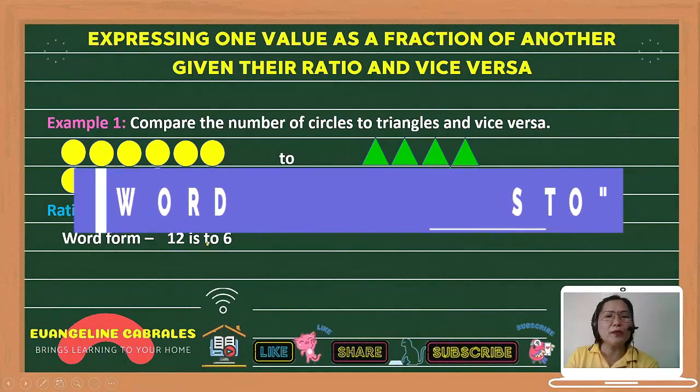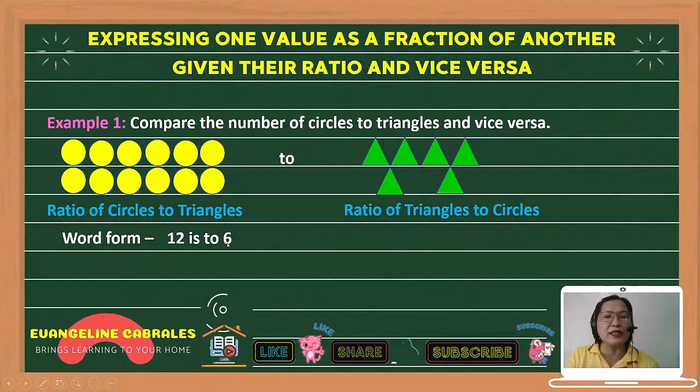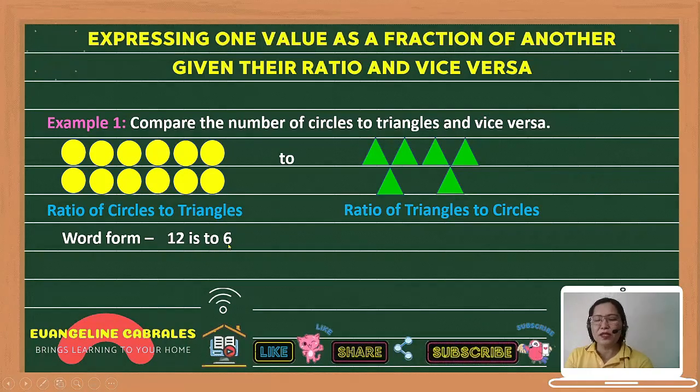So, itong 12 at saka 6, ang tawag sa kanila ay terms. Okay? And then, bakit nauna yung 12? Kasi nga, inuna yung circles and then triangles. Yun daw ratio ng circles to triangles. Kaya, naunang isulat yung 12. Nasa pagitan nila yung words na is to and then 6. Paano naman sa word form ng vice versa nito?